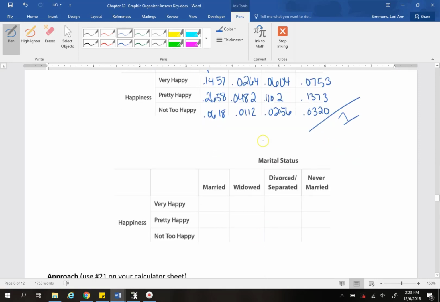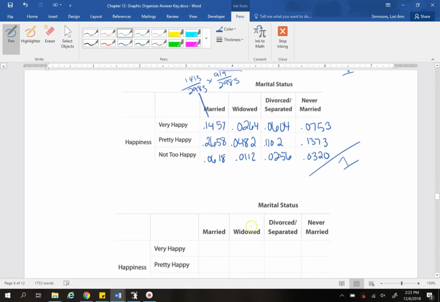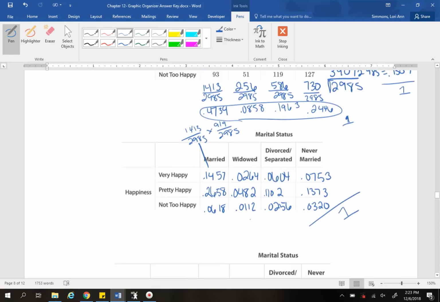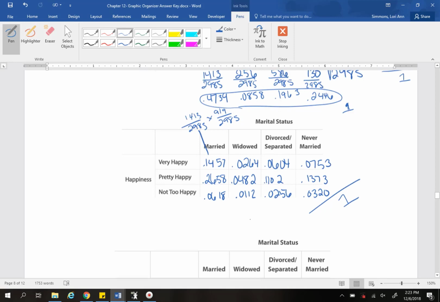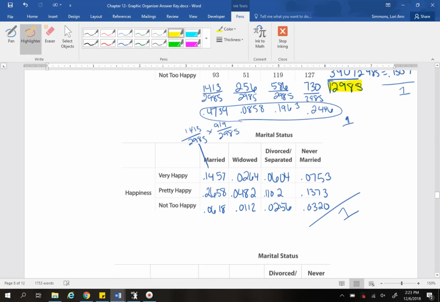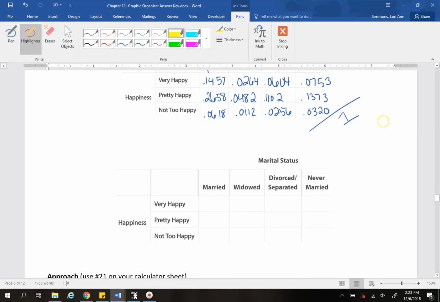Step 4, multiply these proportions by the sample size. What is your sample size? Sample size is 2985. So take 0.1457 times 2985. You should get 434.91.